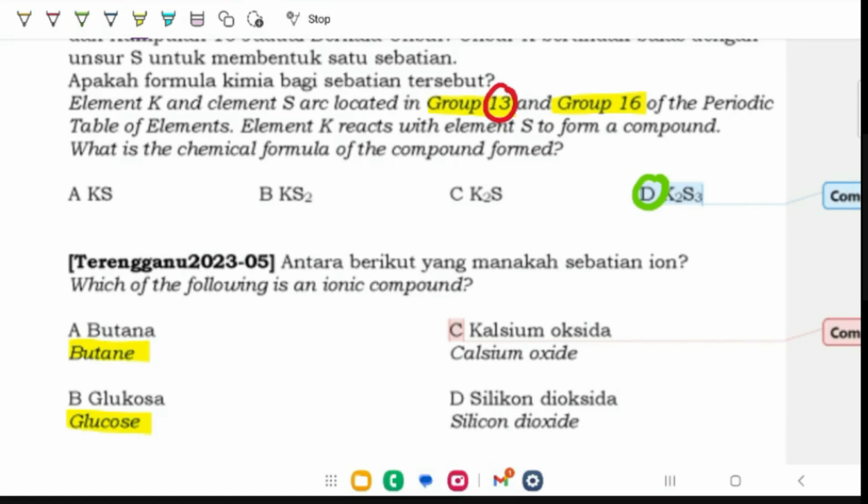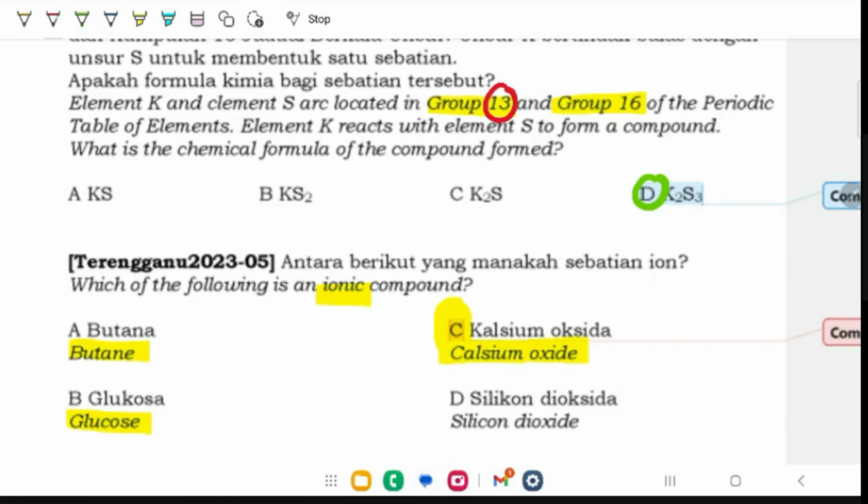So for ionic, it will be 2 words at least. Then one must be metal. Calcium, you must know is metal. Then oxide, non-metal, right? Metal, non-metal, so C is the answer.